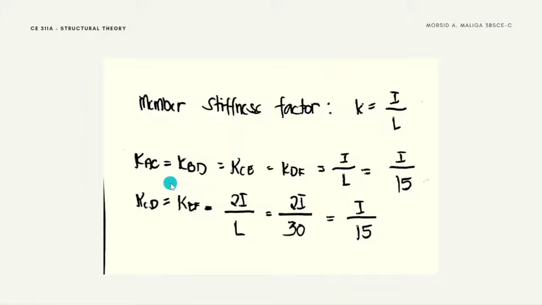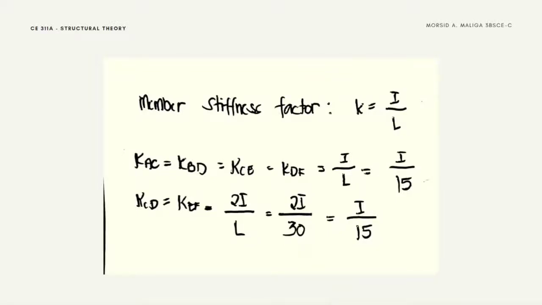So, if you're going to solve yung ating stiffness factor ng ating members, as we can see in our figure, equal lang yung ating member AC, BD, CE, and DF, in which magiging same lang din yung kanilang stiffness factor.